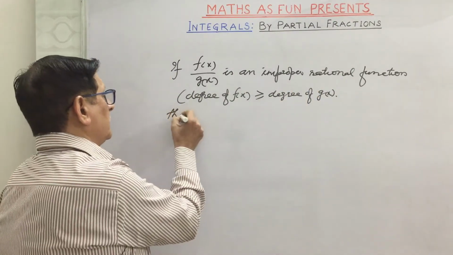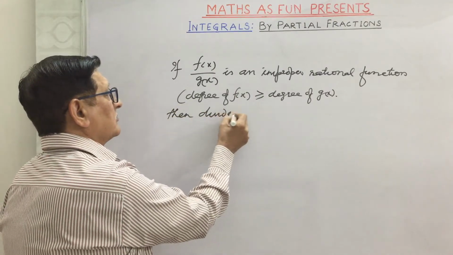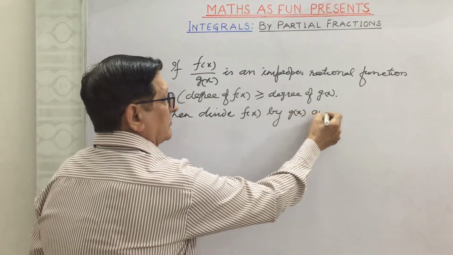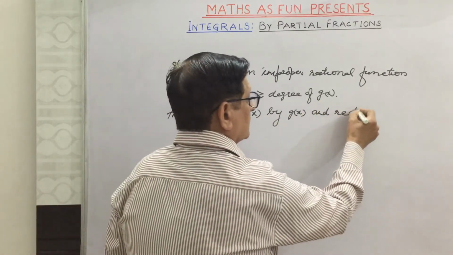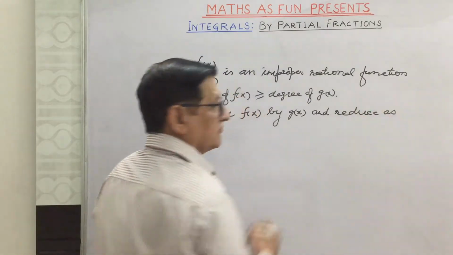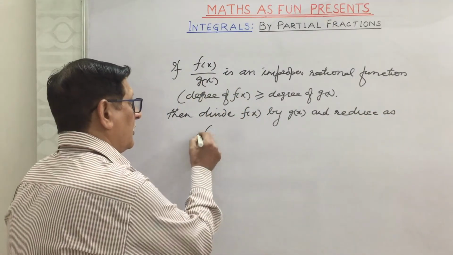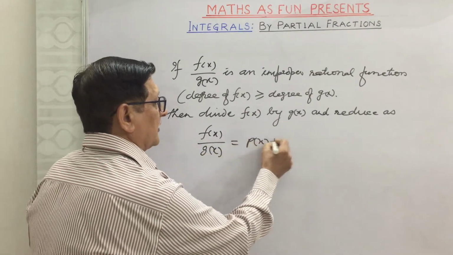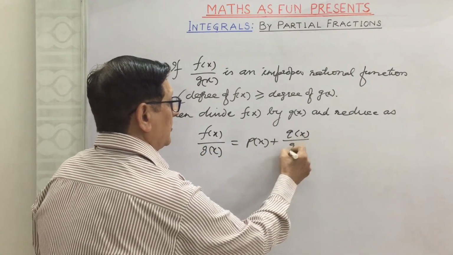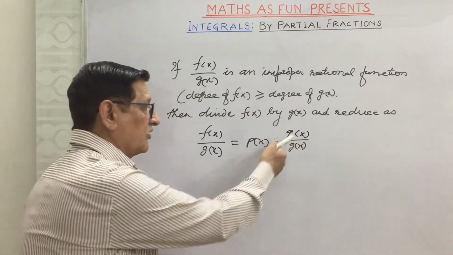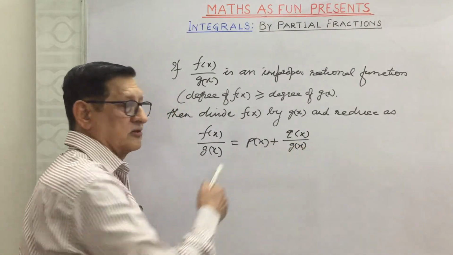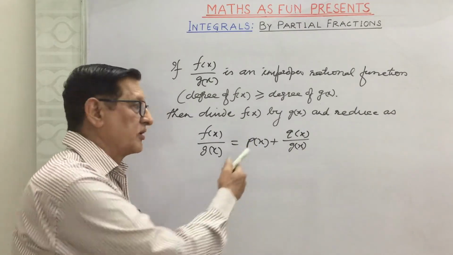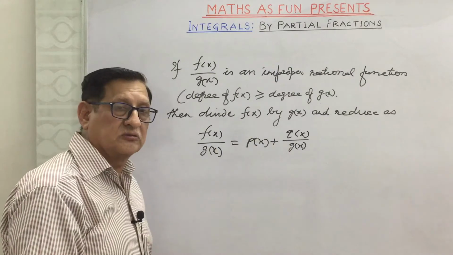Then divide f(x) by g(x) and reduce as f(x) upon g(x) equal to p(x) plus q(x) upon g(x). Then we can find out the factors of g(x) and find the partial fractions of it, or we can say we can reduce it to the partial fractions.